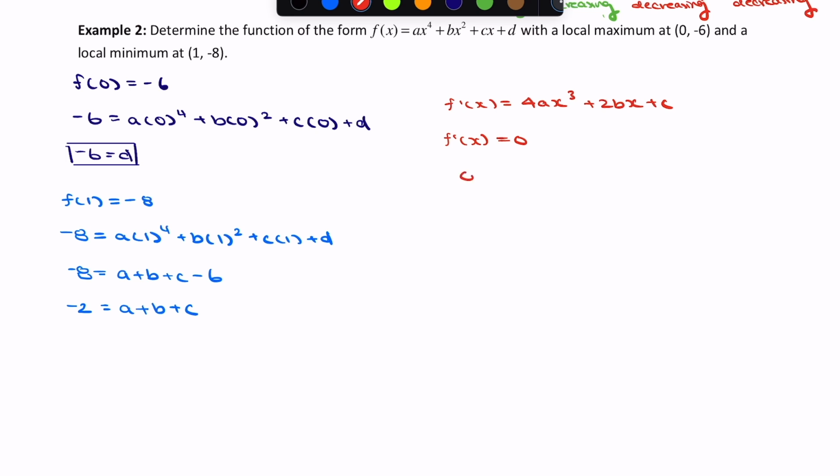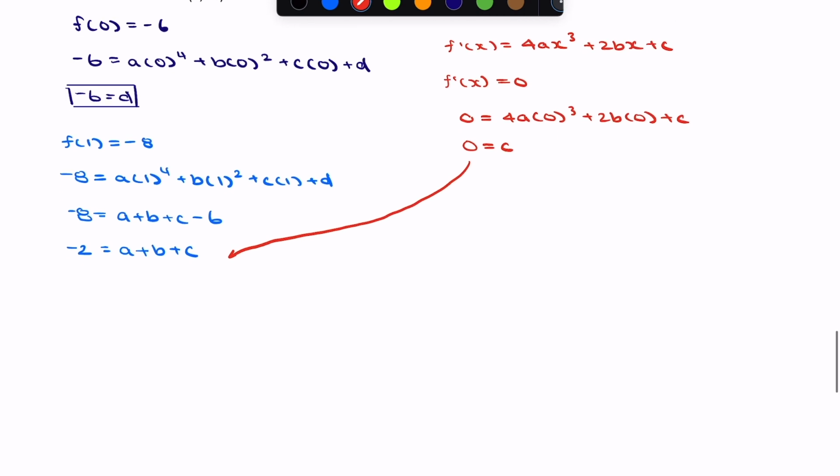So here we have 0 = 4a times 0^3 + 2b times 0 + c. So here we see that 0 is equal to c. And so we can sub that back into this equation. So we'll be left with -2 = a + b.